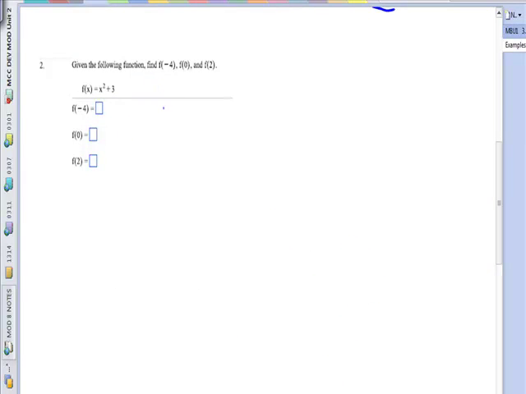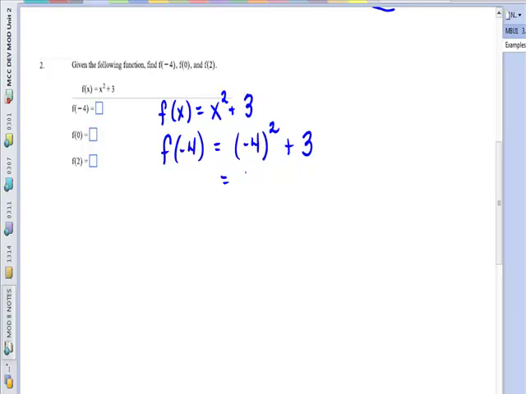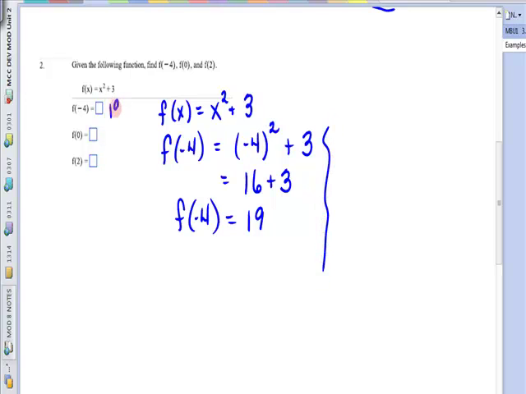We have a function. It is called f of x is x squared plus 3. Let's find f of negative 4. That means negative 4 squared, use parentheses, plus 3. That is 16 plus 3, which is 19. f of negative 4 is 19. The next one, what is f of 0? Plug in 0. 0 squared plus 3.